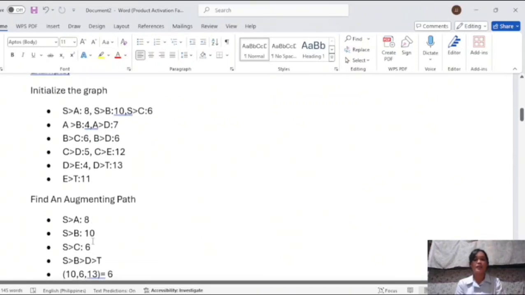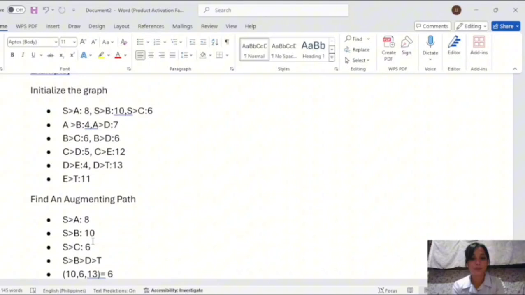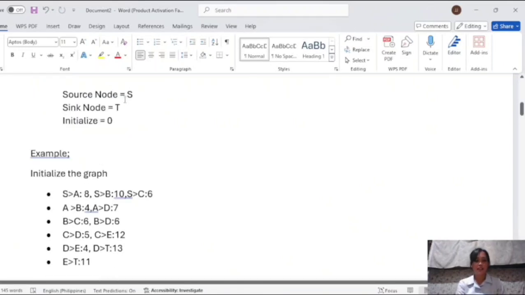So let's find the augmenting path of the problem. Using BFS, breadth first search, we look for a path from the source S to the sink T where there is available capacity.